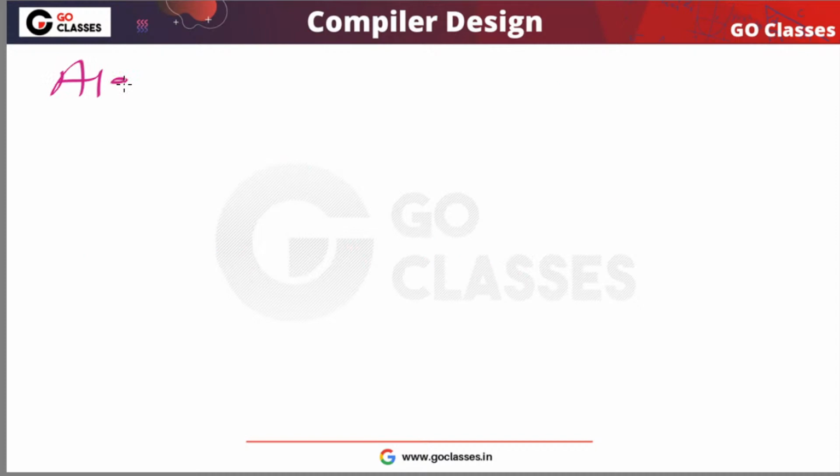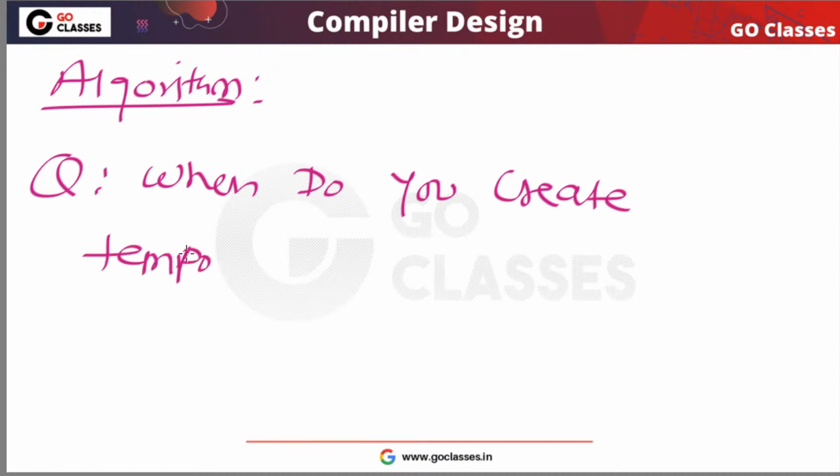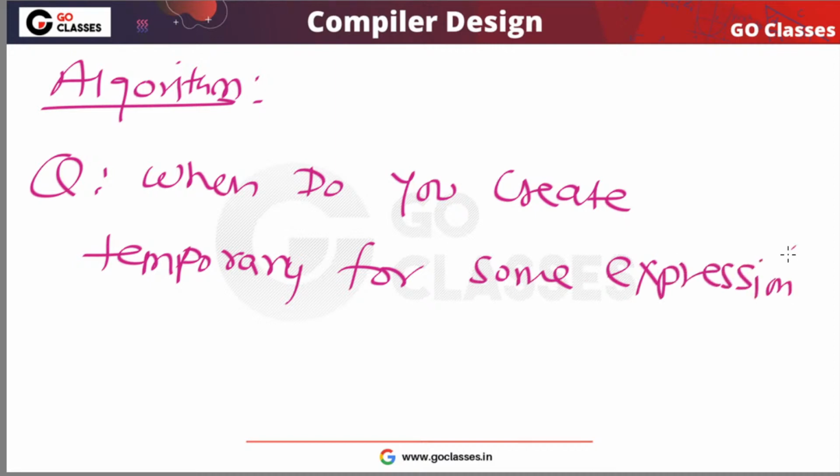This is my question: when do you create a temporary variable for some expression? Tell me. When do you create a temporary variable for some expression? This is the question. Anyone?